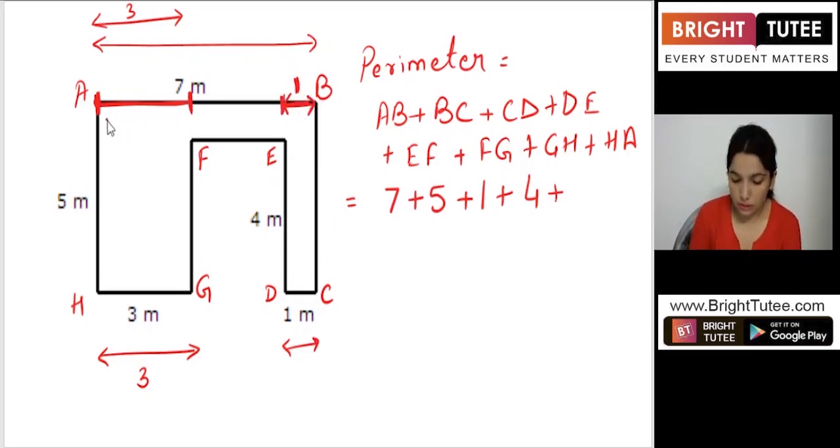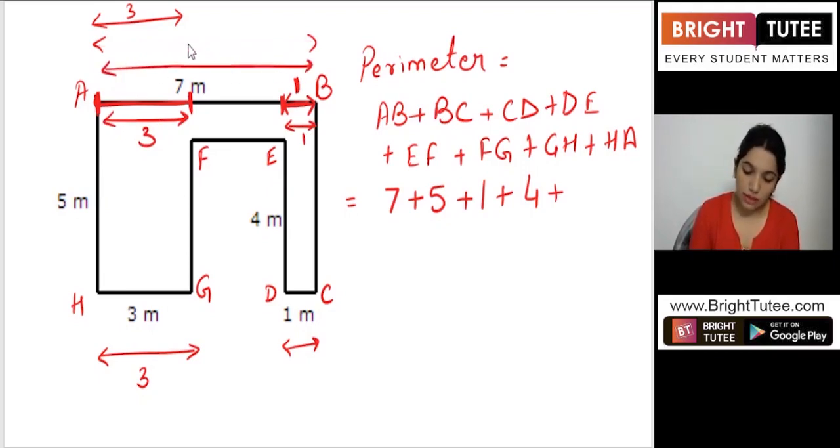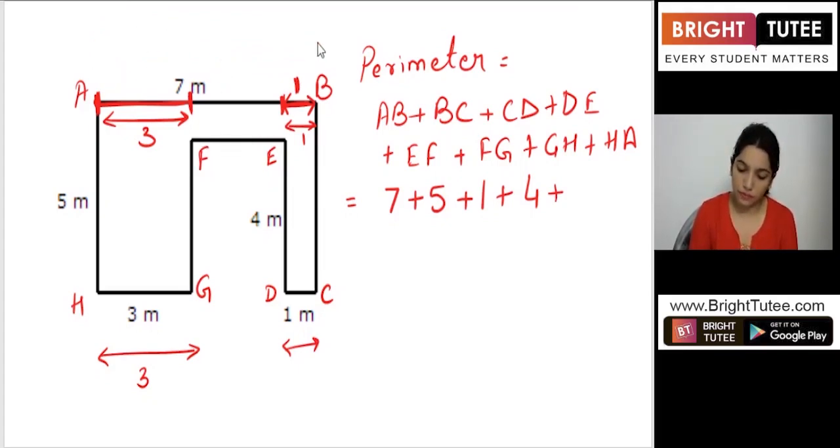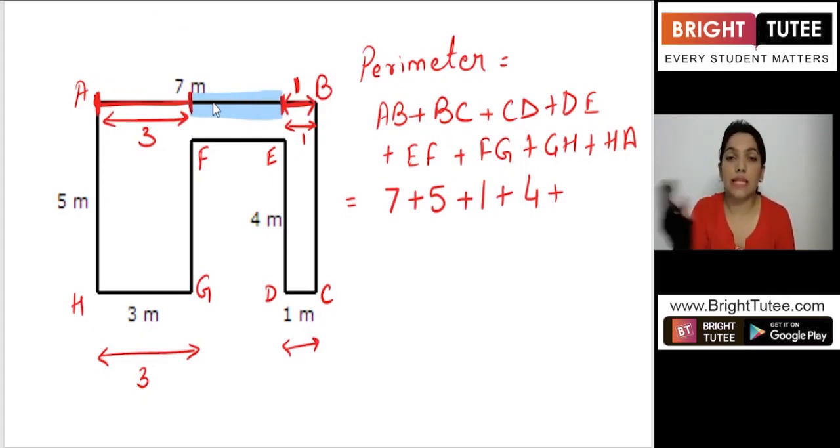So we know this much part is 3. We know this much part is 1. And we know the complete length here is 7. So can you tell me what is the length of EF? That is this particular part that we have not got here. What do you think is the length of this particular part? Out of 7, take away 3 and take away 1.